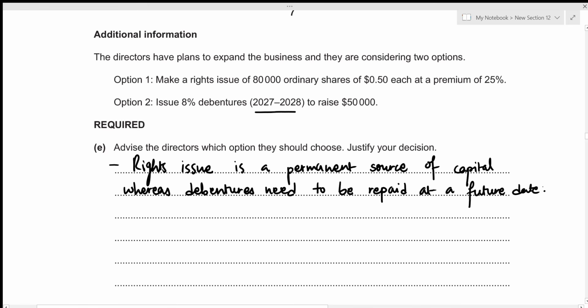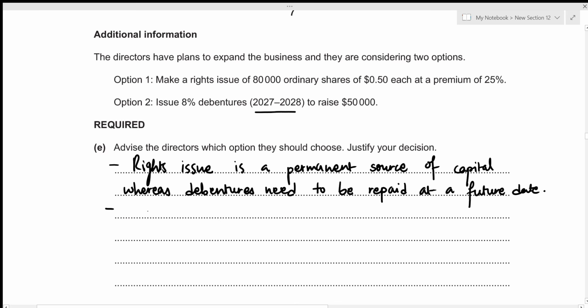Alright, next is that the company already has a debenture, because we recently calculated the interest on debentures, right? And the company already had a debenture of 36,000 to be repaid next year. So if we are to issue again a debenture of 50,000, the company would heavily rely on the capital being brought in from debentures. That's not a good thing. That's a disadvantage to the company. So let's write it down.